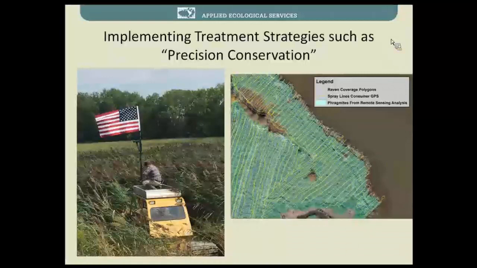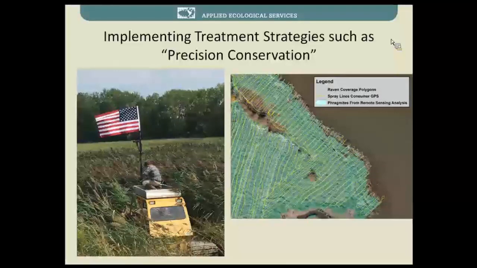One other thing I would add is the precision GPS component to this. While we're patriotic through the flag, it's actually for safety. You can imagine how disorienting it can be when treating these large, dense, tall frag stands. And so utilizing the precision GPS, originally designed for agriculture, shows exactly the coverage associated with the boom to minimize any overlap and missed areas.